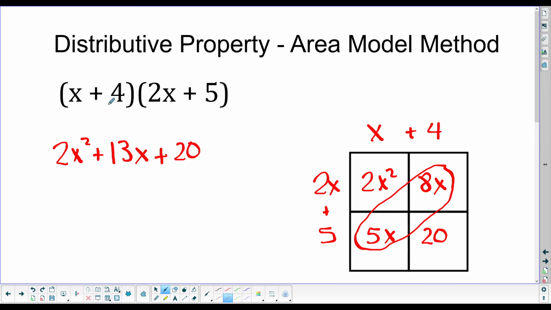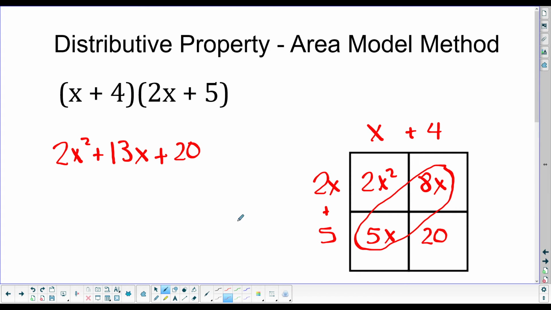Notice I'm multiplying every part of the first polynomial with every part of the second polynomial. So I've multiplied x times 2x, I've multiplied x times 5, I've multiplied 4 times 2x, I've multiplied 4 times 5. I've done those 4 multiplications there. And notice that I have a multiplication for every term that's in there. So I've got a total of 4 terms that are being multiplied together.